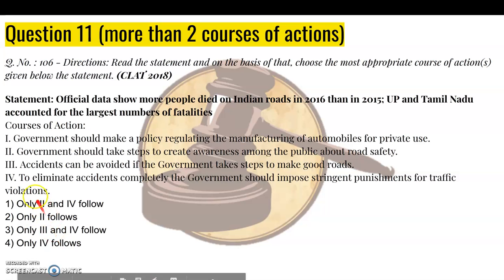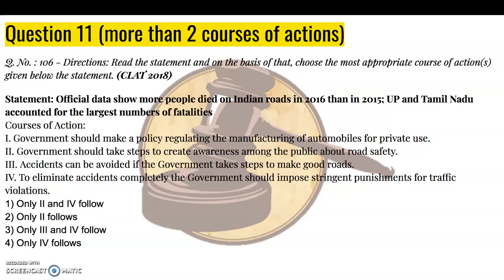Now we don't have to take the time to read statement number 3. We can directly head to statement number 4. If it is viable, then we will mark 1, or if it is not, then we will go to 2. It says that to eliminate accidents completely, the government should impose stringent punishments for traffic violations. This has some problems.